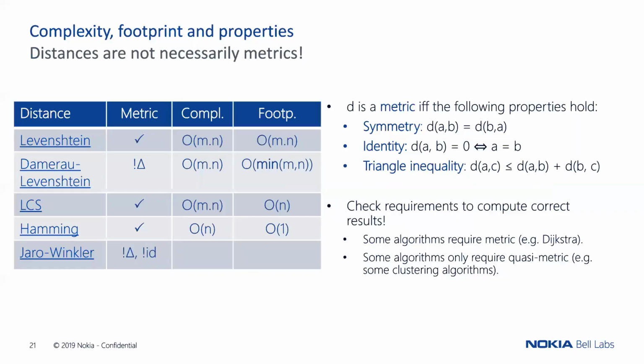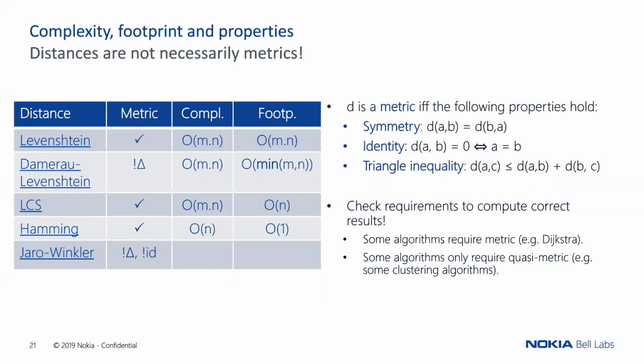Now, let's summarize what I explained. Just a few remarks that are maybe important to keep in mind. I talk about distances. It doesn't imply that those distances are metrics.